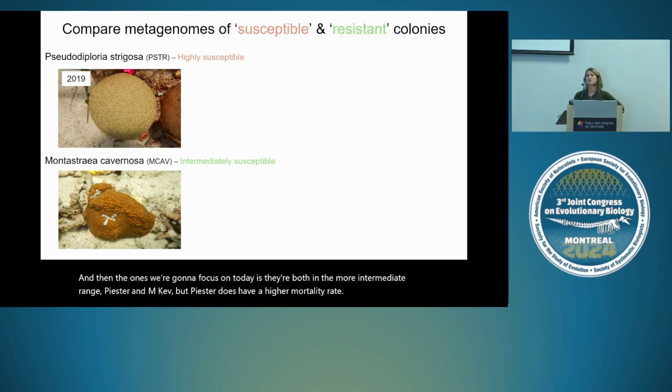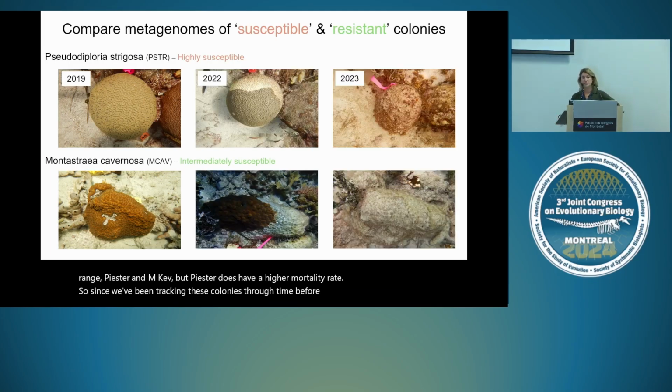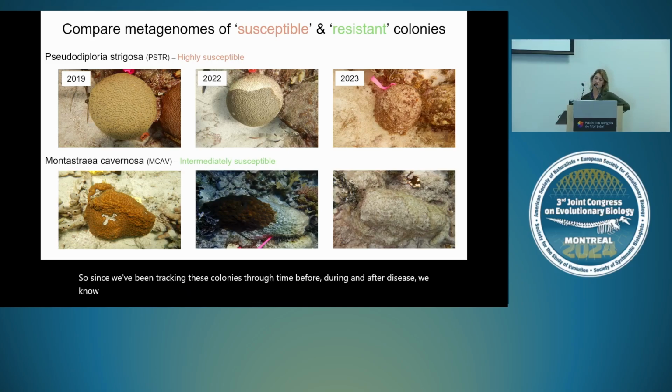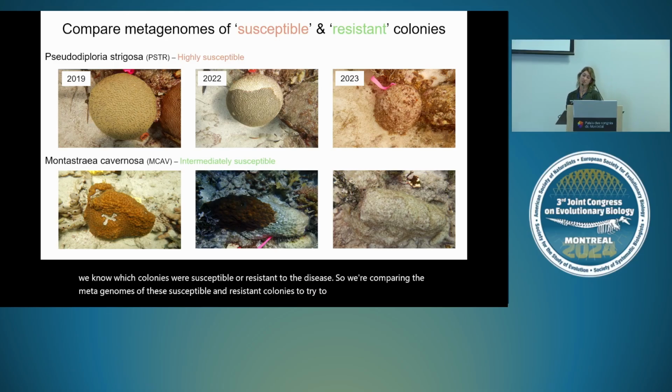Since we've been tracking these colonies through time, before, during, and after disease, we know which colonies were susceptible or resistant to the disease. So we're comparing the metagenomes of these susceptible and resistant colonies to try to identify any biomarkers of resistance, like microbial taxa.